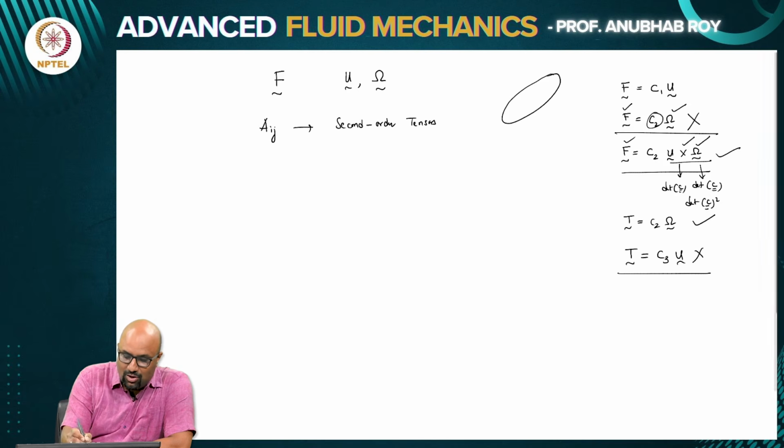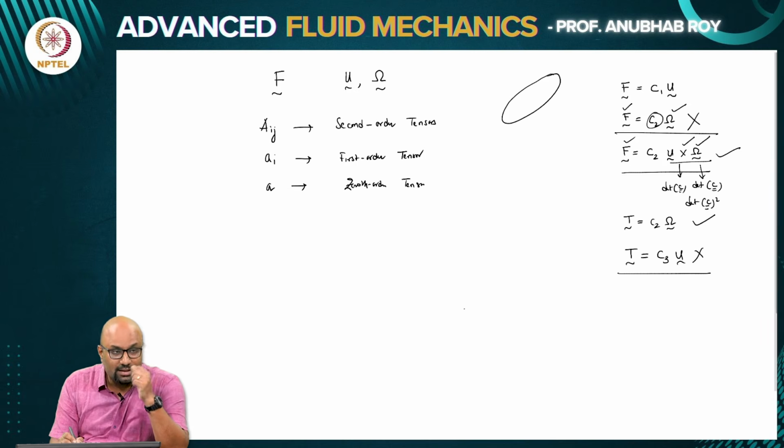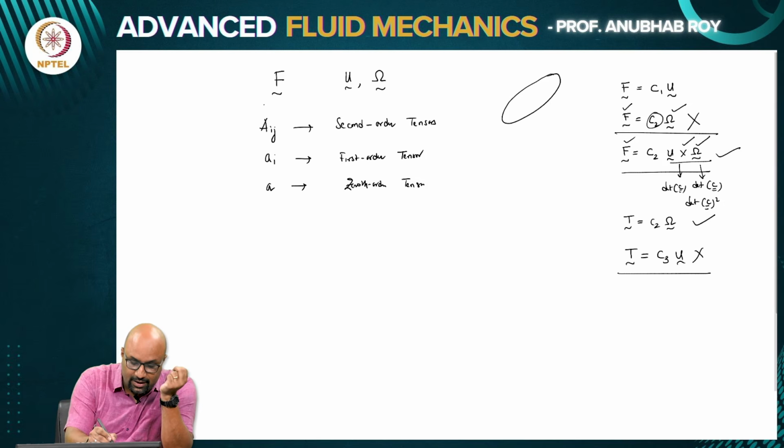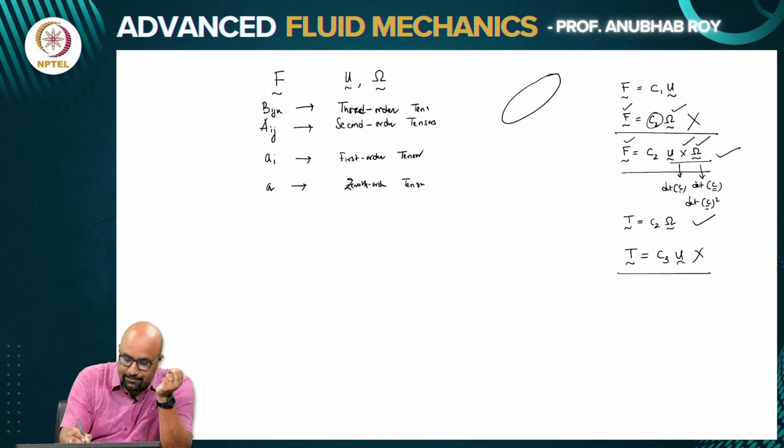And as I said, you can now universalize this by saying that a vector is actually a first order tensor, and a scalar would be a zeroth order tensor. Now similarly, there is nothing that stops you here. You can have more indices that appear. So you can have an object that has 3 indices, and this would be a third order tensor.